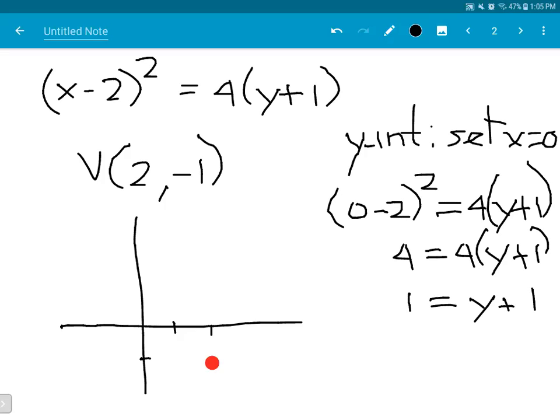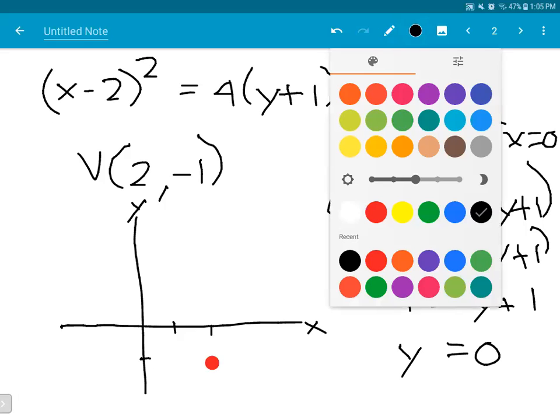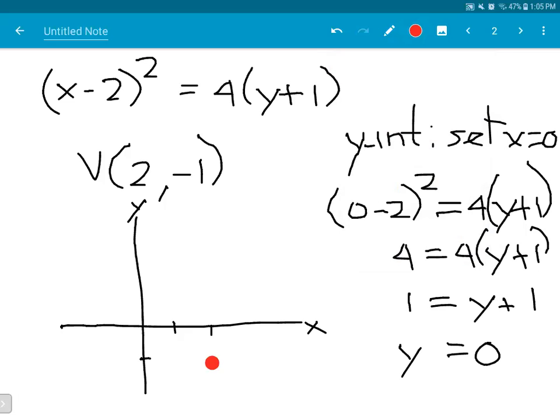So we have the y-intercept at 0. Now this is the y-axis. This is the x-axis. Well, anyway, the two intersect at the 0 or the origin. So let's just plot that additional point. Okay, there.